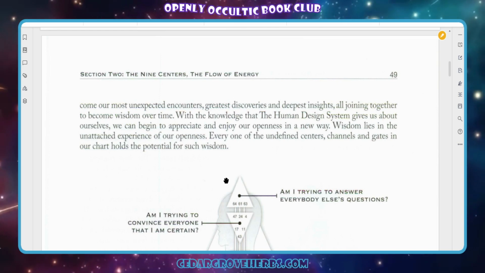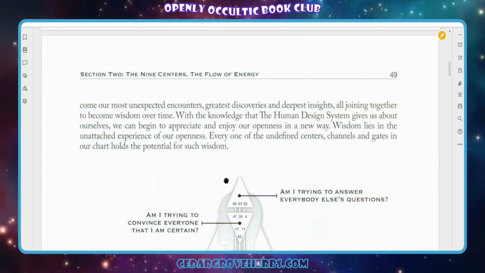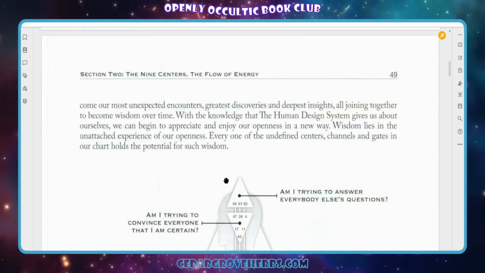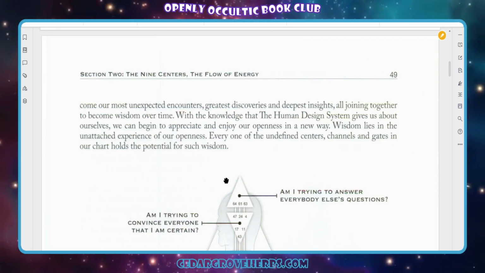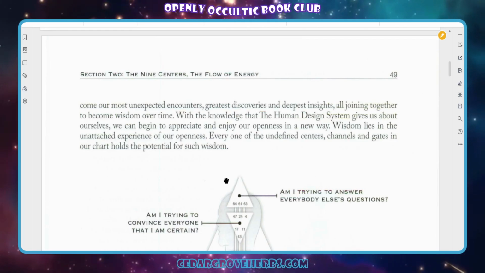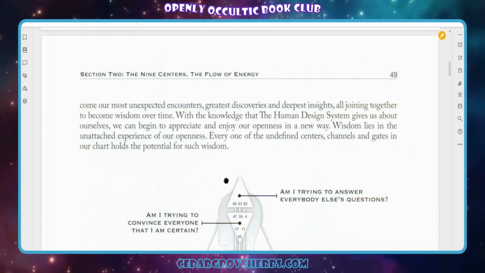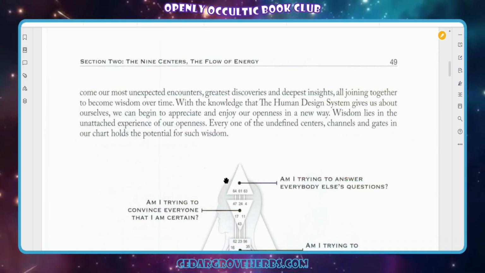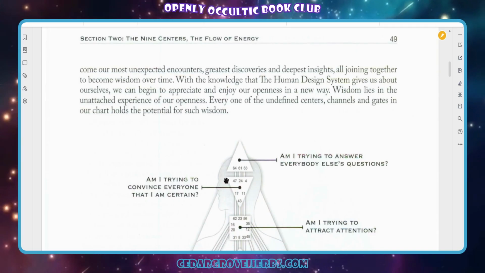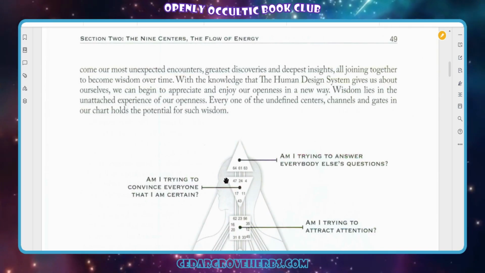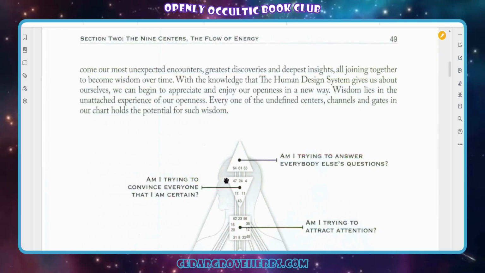With the knowledge that the human design system gives us about ourselves, we can begin to appreciate and enjoy our openness in a new way. Wisdom lies in the unattached experiences of our openness. Every one of the undefined centers, channels, and gates in our chart holds the potential for such wisdom.